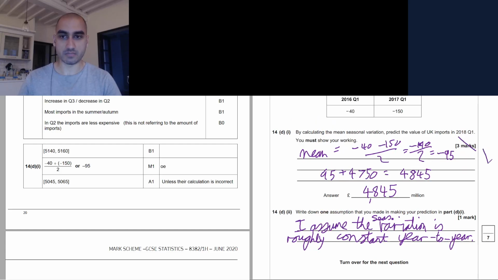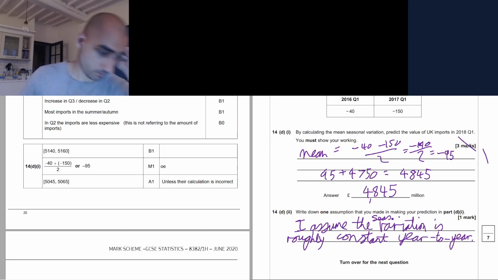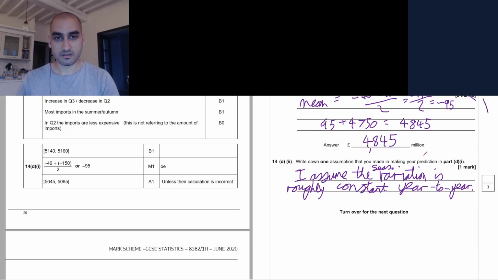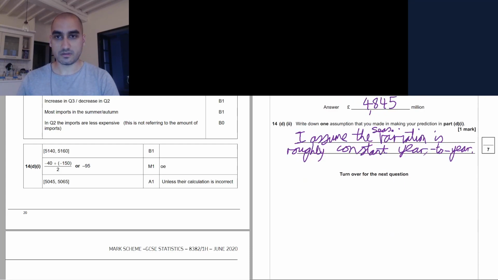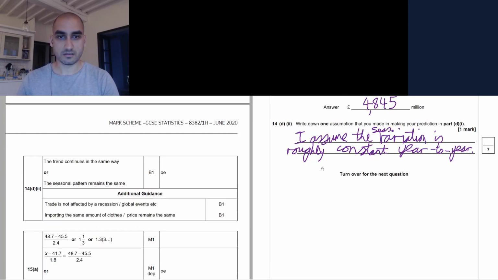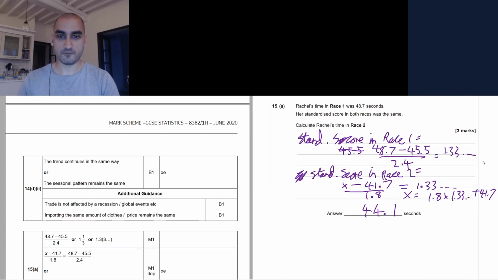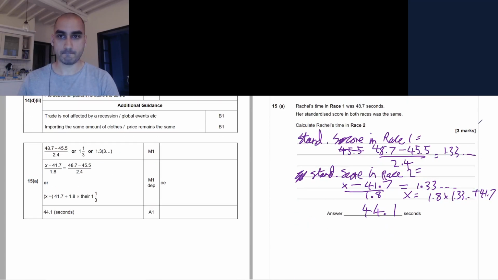Okay, but I only got 1 mark here. I don't understand this stuff. Mean seasonal variation. I assume the seasonal variation is roughly constant year to year. Yeah, that's basically what I said, yeah. Alright, 44.1. Yep.